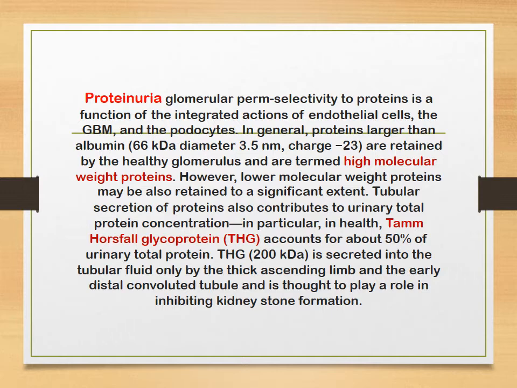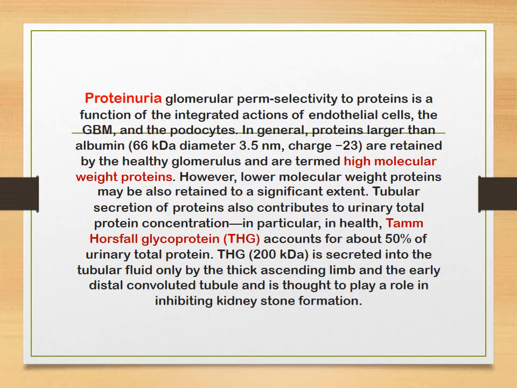Proteinuria. The selective permeability of glomeruli to protein is usually a complex function and involves the glomerular basement membrane, endothelial cell, and podocyte. In general, proteins of large molecular weight, usually more than that of albumin, 66 kilodalton, and of negative charge are normally retained by glomeruli and not allowed to filter, and are referred to as high molecular weight.